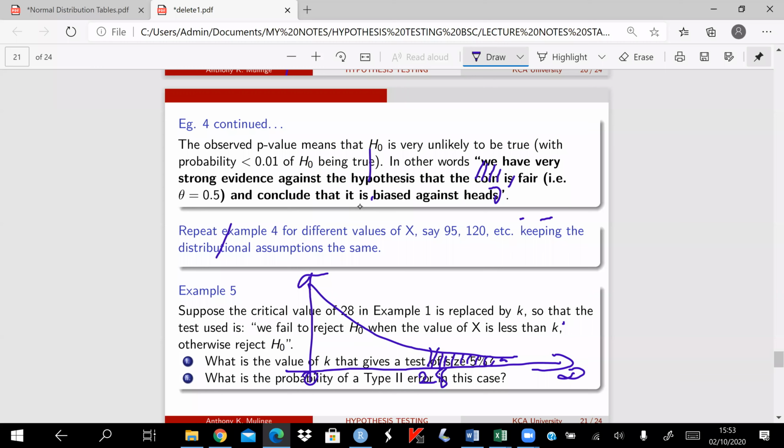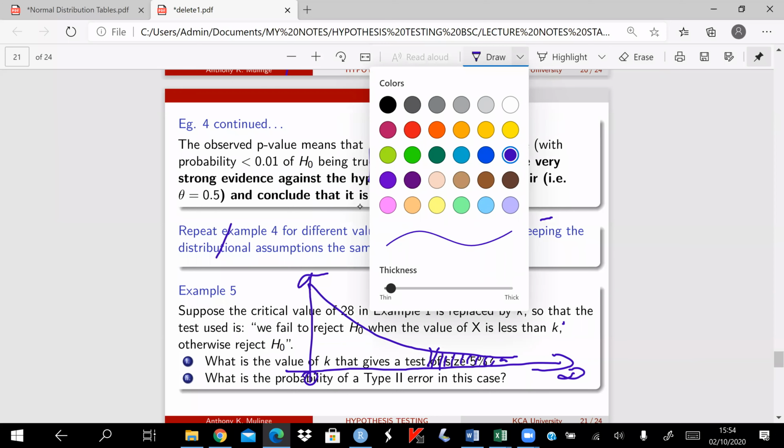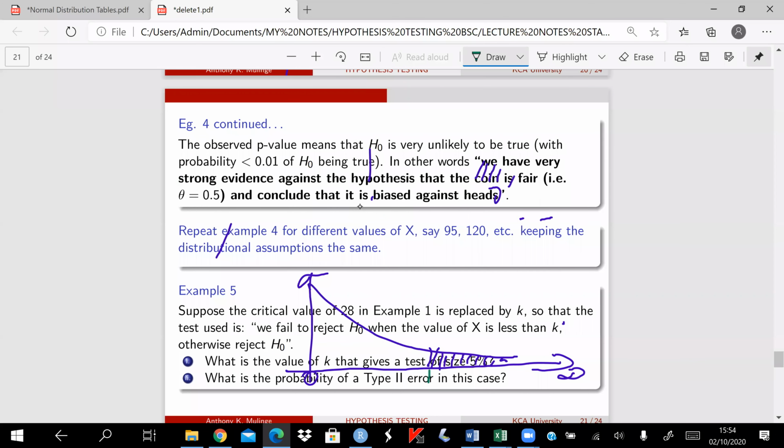Suppose you replace this with another, unknown value K, and you want to make the size of the test, which is alpha, 5%. If you keep the shaded part at 5%, what is the value of K that corresponds to that? What do you think?